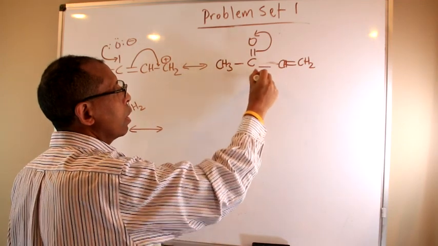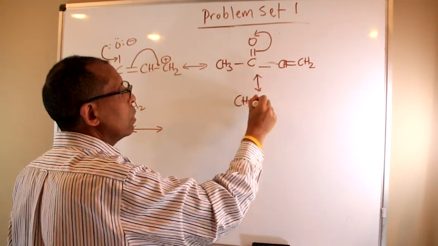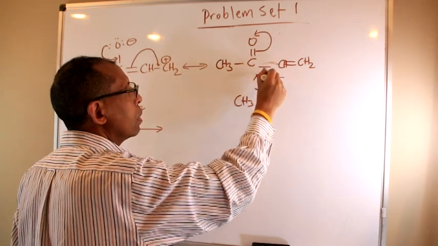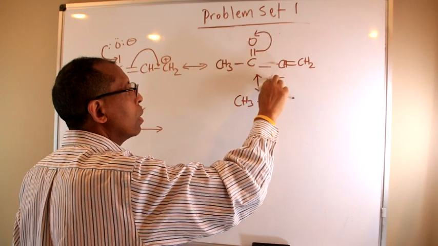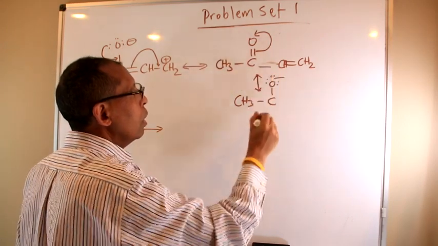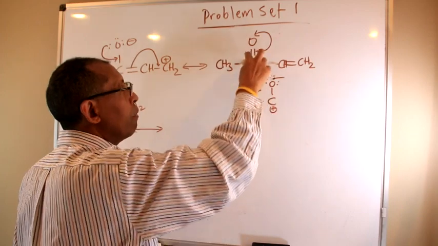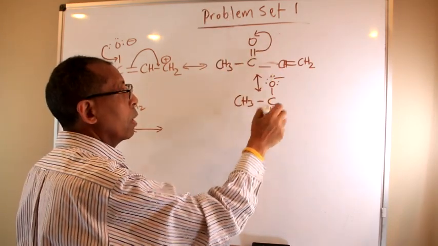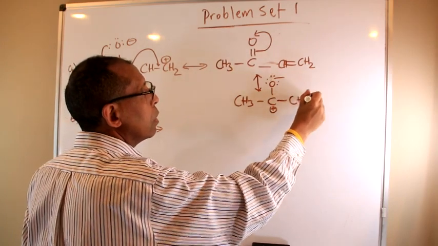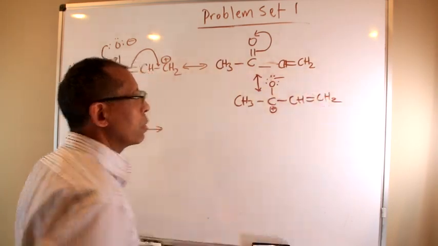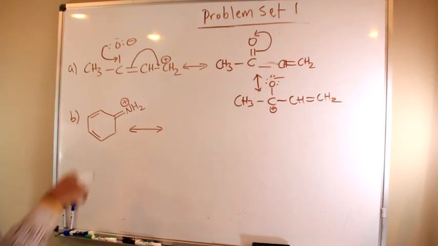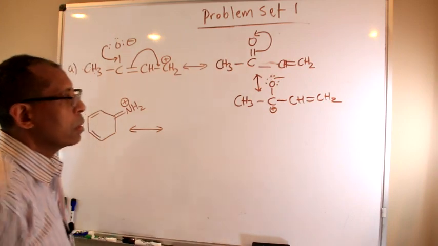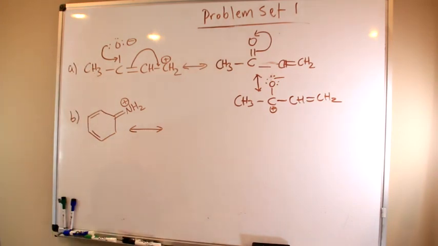The resonance looks like CH3, CO, O minus, and a plus, because you have moved out. And if you calculate the formal charge, that should be a plus. CH, CH2. This is another resonance structure. Starting from here, that resonance is possible as well.